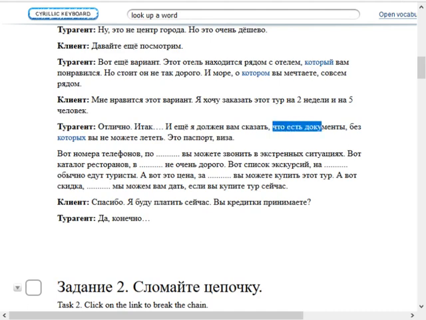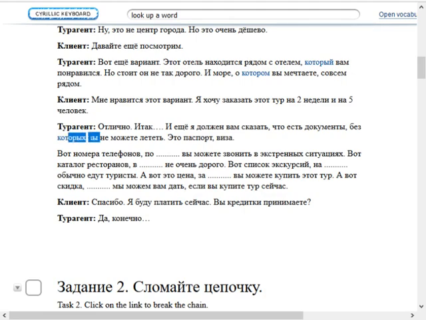So, there are documents without which you cannot fly, so you can't fly without those documents. Это паспорт, виза. So that's passport and visa. So he's letting him know you'll need your passport and visa. You won't be allowed to fly without them.